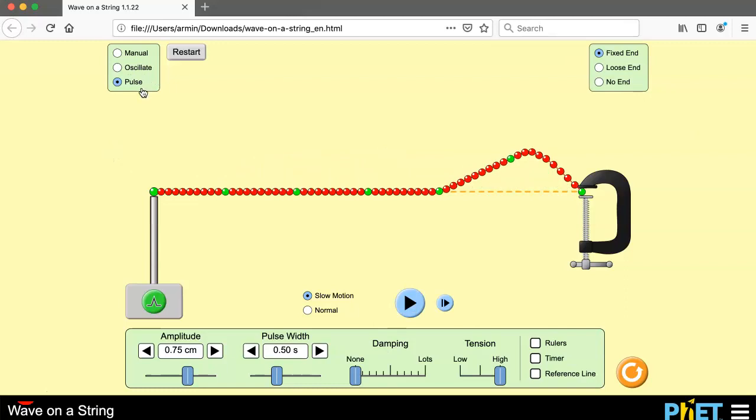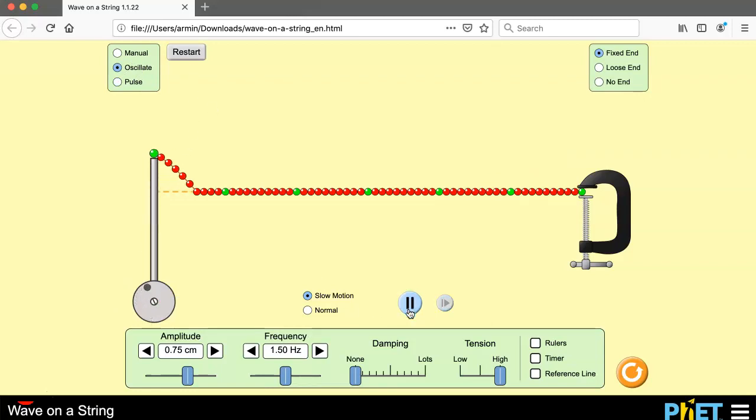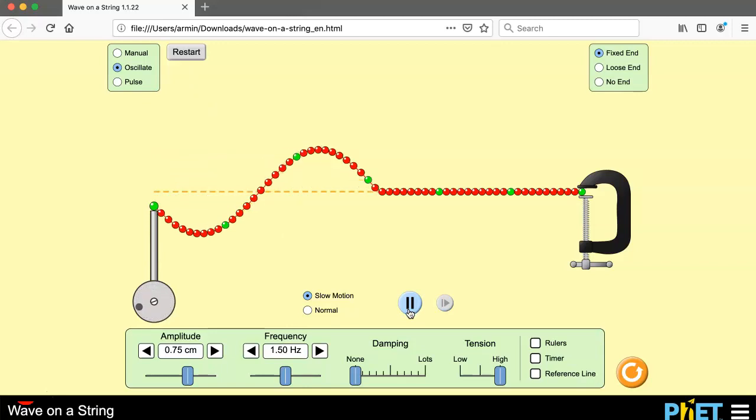Let's look at a continuous oscillation here. So let's see what happens now.